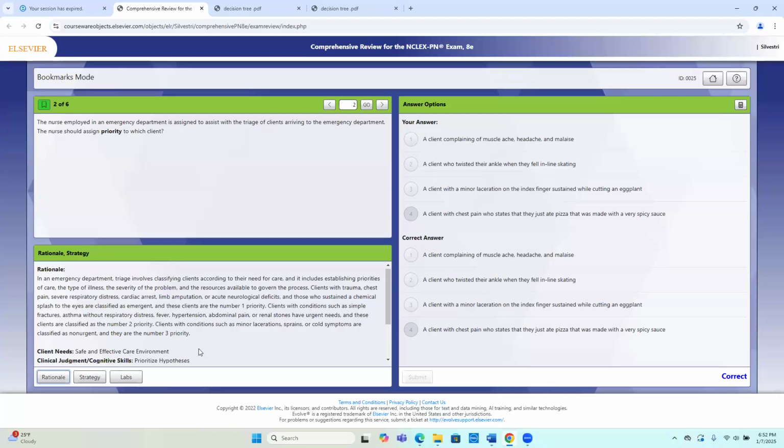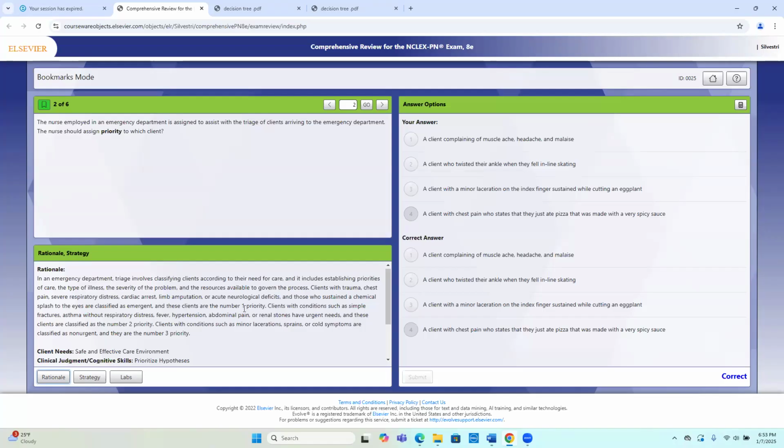Clients with conditions as simple as fractures, asthma without respiratory distress, fever, hypertension, abdominal pain, or renal stones have urgent needs, but they're going to be classified as a number 2 priority, okay? Because number 1 is going to be chest pain. Clients with conditions such as minor lacerations, sprains, cold symptoms are classified as non-urgent or number 3.